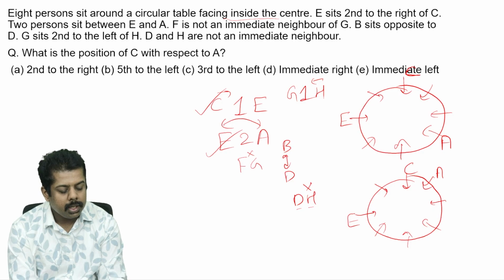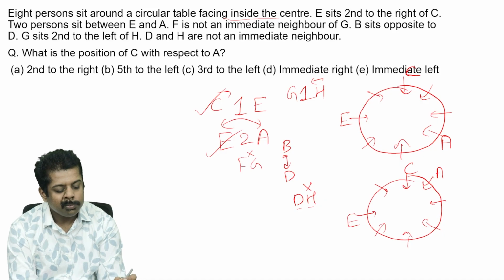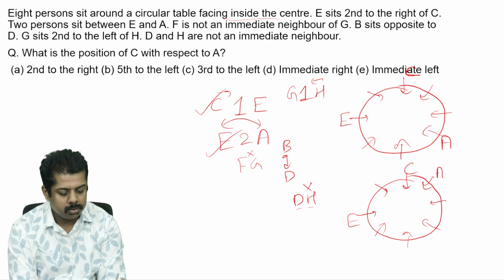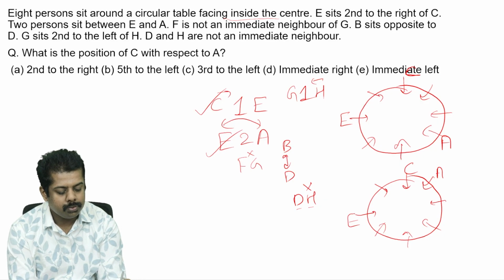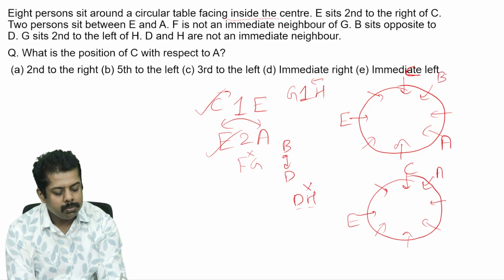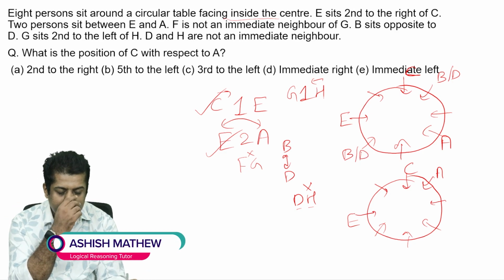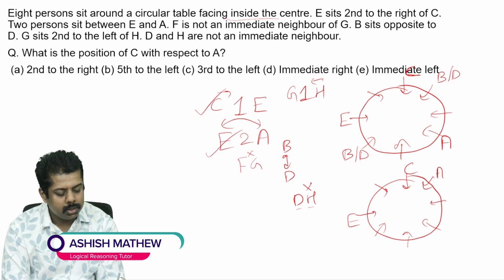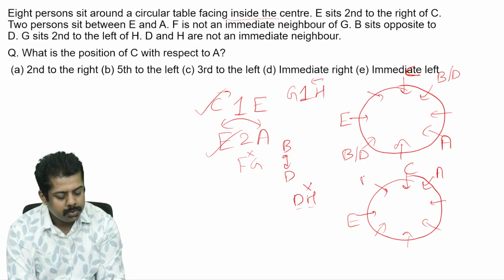In the first scenario, if we see the opposite vacant positions, we have only a few options here. So here we have an option, neighbor of C. We can fix B and D here. Now in the second diagram as well, next to C there is a vacant position, so B and D could be fixed here.